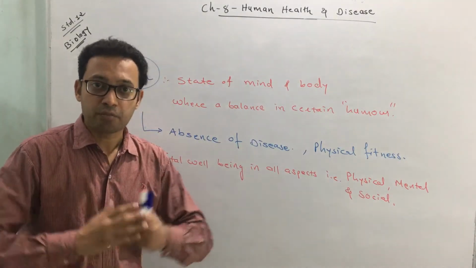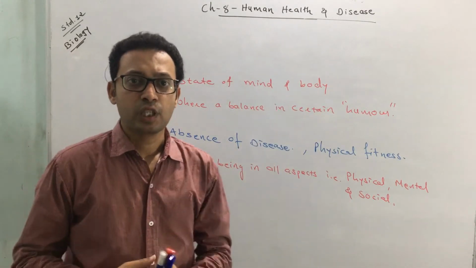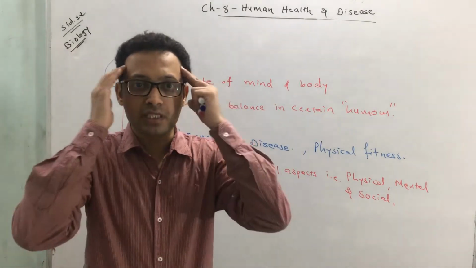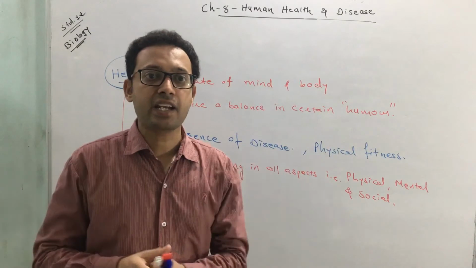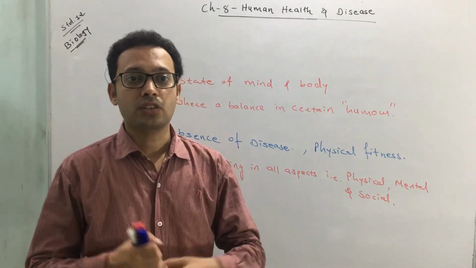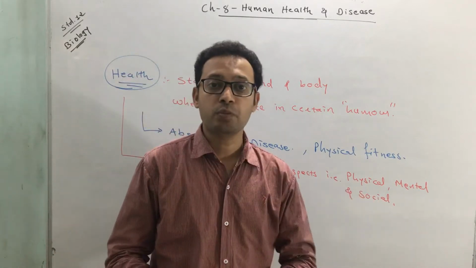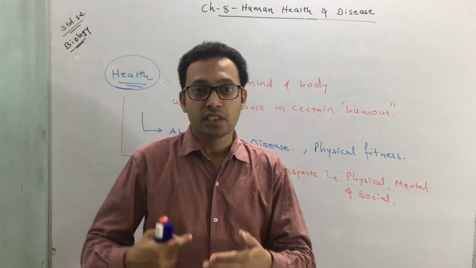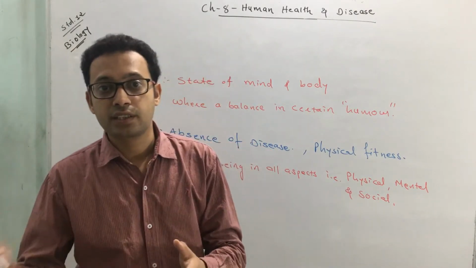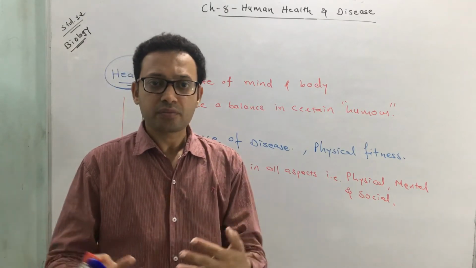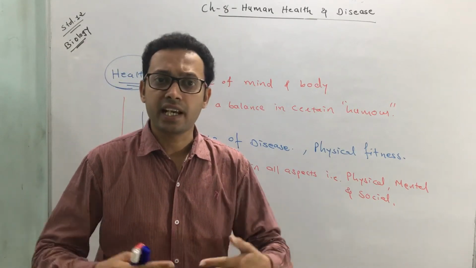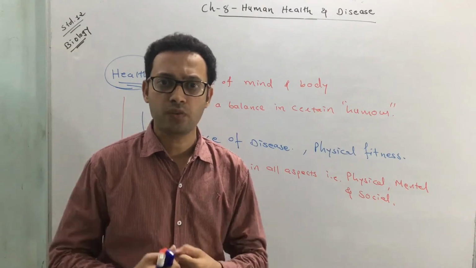Physical well-being means the person should be physically fit. Mental well-being means mentally there should not be any kind of psychological, psychiatric or mental disorders. And the person also should be socially fit, meaning the person interacts with others, or they reside with each other in a healthy environment. This is called social well-being.